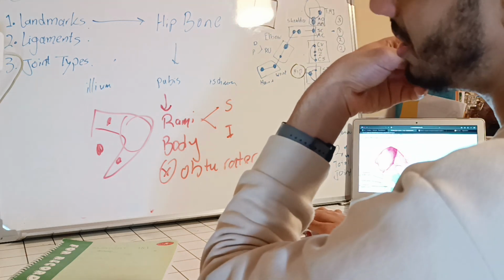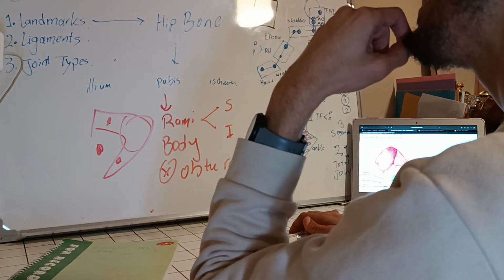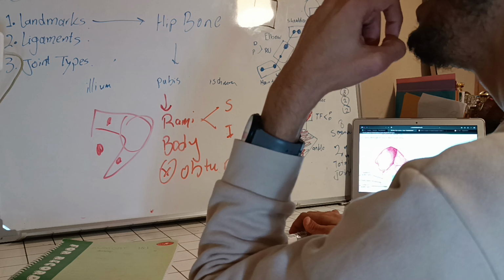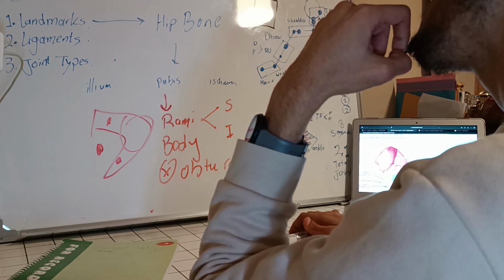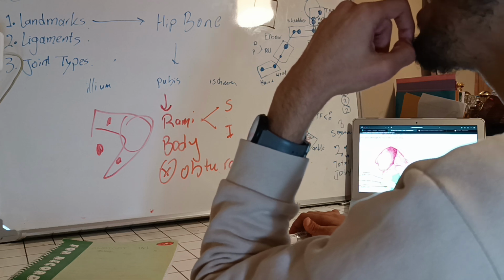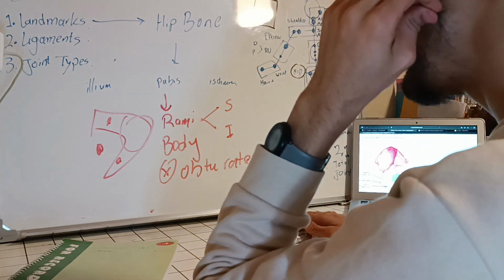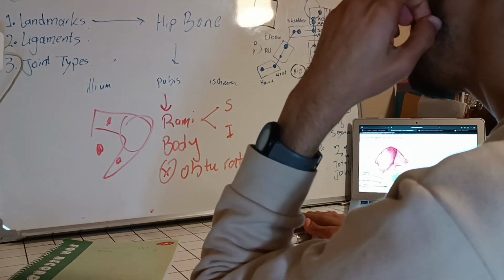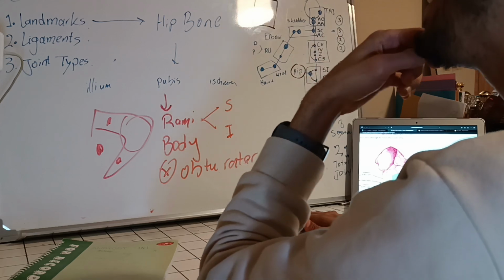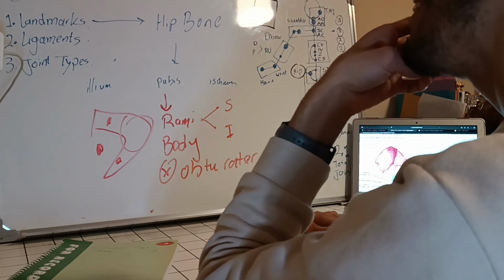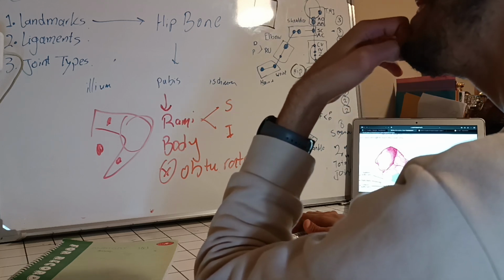The crest is posterior and the line is anterior, and the lesser and greater trochanter, the head and neck, the fovea capitis, the linea aspera, the medial lip, the nutrient foramen, the pectineal line, and the gluteal tuberosity. Down there we have the condyle, epicondyle, and the medial epicondyle.